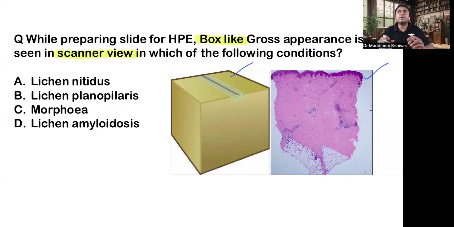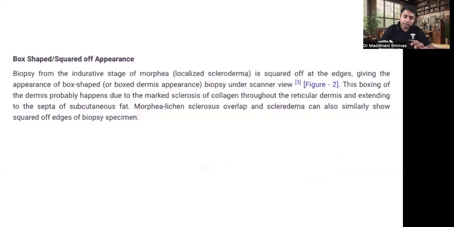So this is taken from the IJDVL article on appearances in dermatopathology. Please remember in morphea, which is limited scleroderma, we are going to see this box-shaped or squared-off appearance.